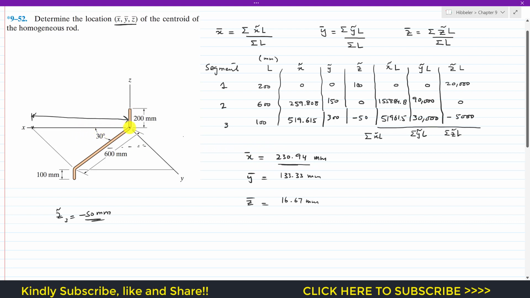Then along the y-axis that distance is 133.3, somewhere here, and then in the z direction it is 16.67 in the upward direction, so the location of the centroid is somewhere here. So this is the solution of this particular problem.